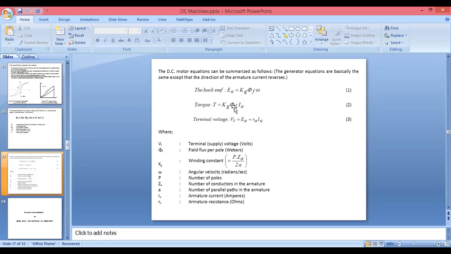The magnetic flux concept comes from the field winding, which is nothing but an inductor. When we use an inductor, it stores energy in the form of magnetic flux. Phi is magnetic flux. So we can take torque equal to K phi I, where K is a constant term.